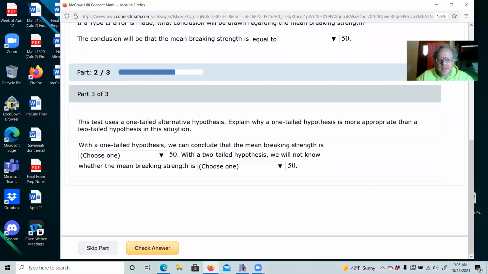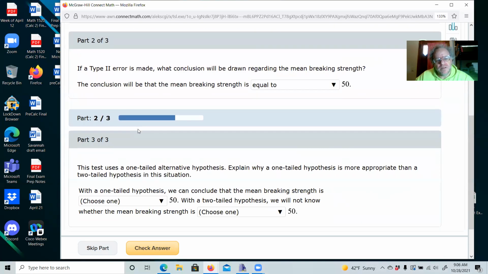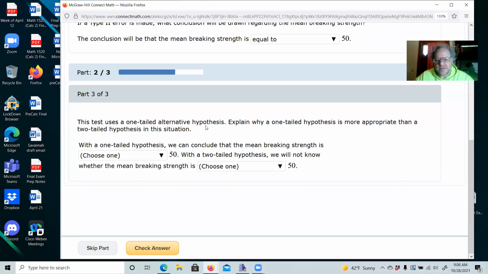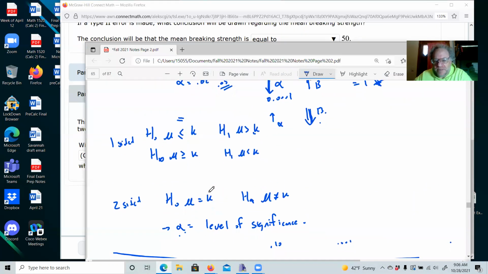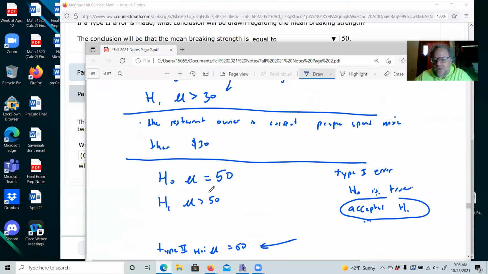This test does use a one-tailed alternative. Explain why a one-tailed hypothesis is more appropriate than a two-tailed. If it's a two-tailed test, technically you can't tell me which side it's on.